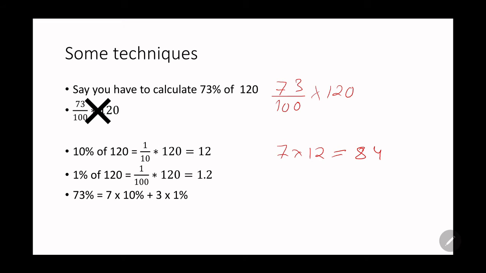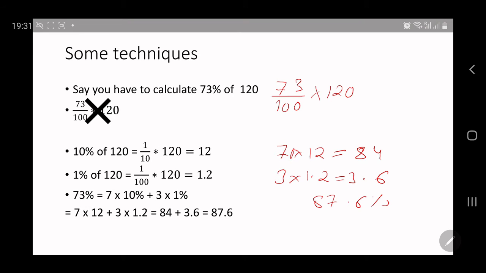Similarly, you get 3%. 3% is nothing but 3 into 1.2, that is 3.6. You just add them and you get 87.6. So that's it. Way easier to calculate than having to multiply 73 with 120.